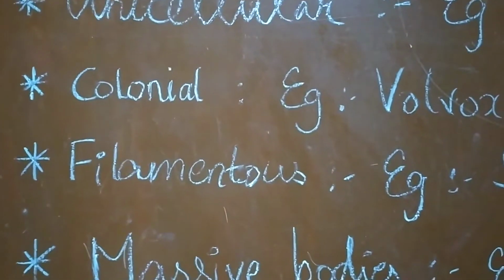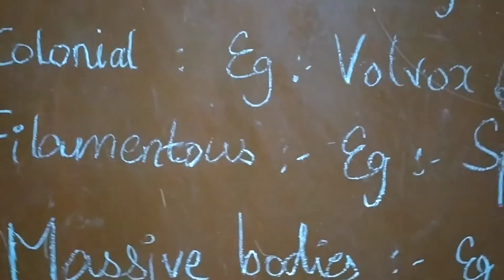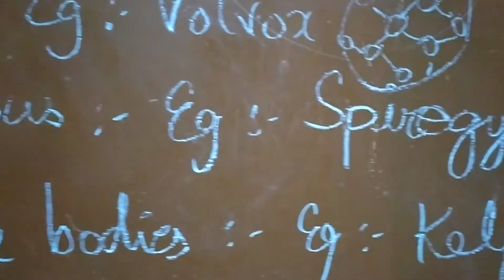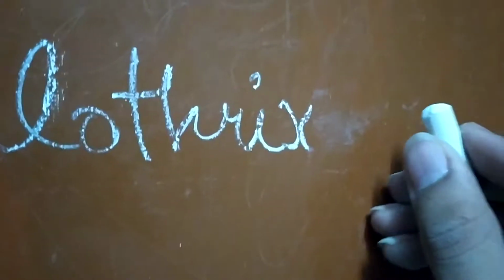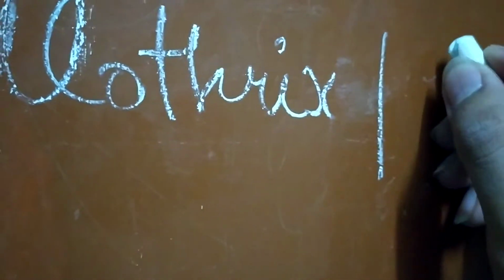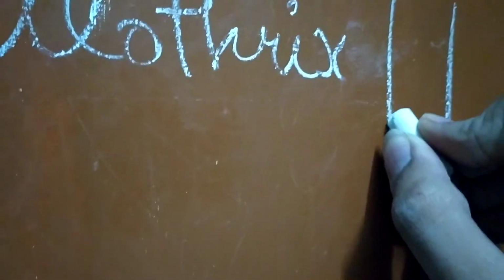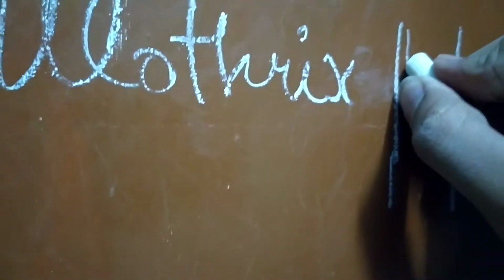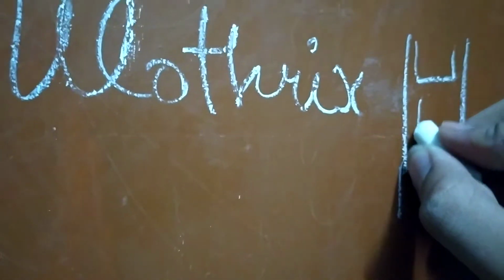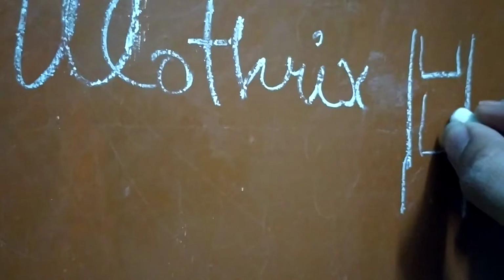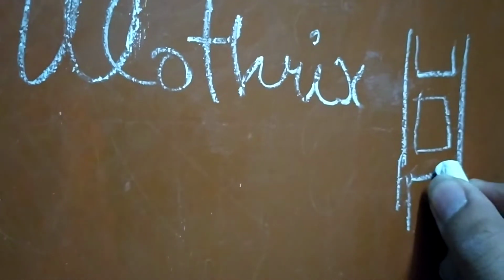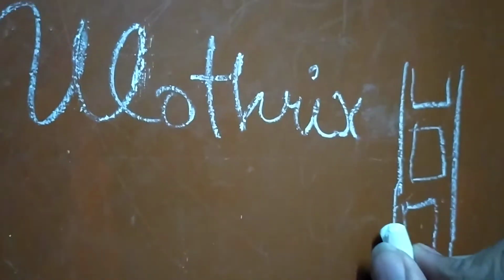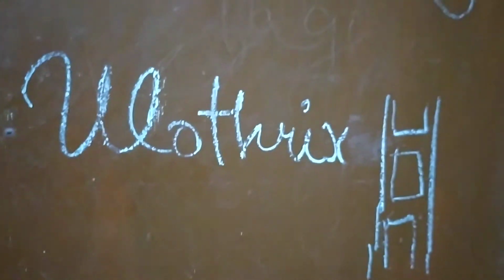And the third thing is filamentous algae. Filamentous algae examples are Spirogyra and Ulothrix. It's like this. And of course they are like filaments, right?